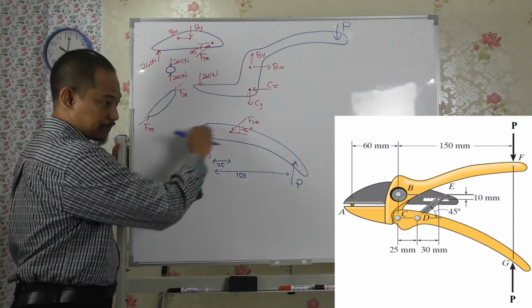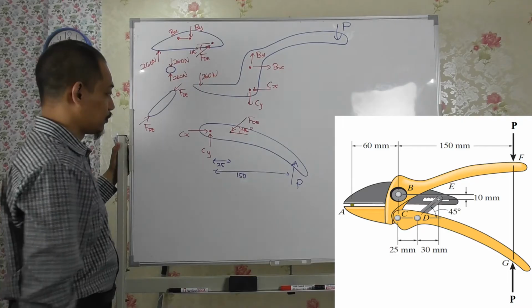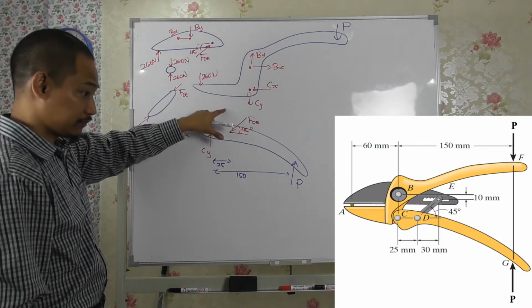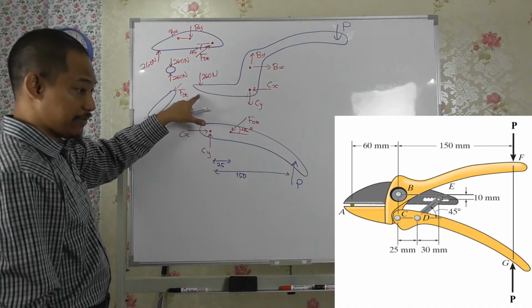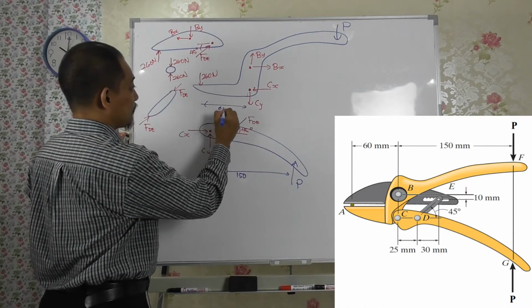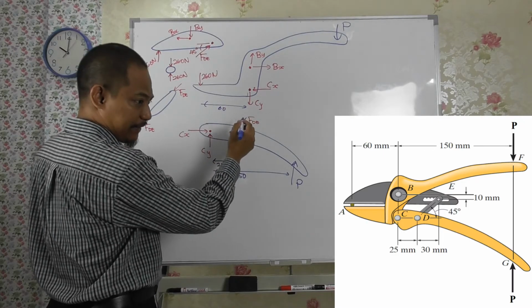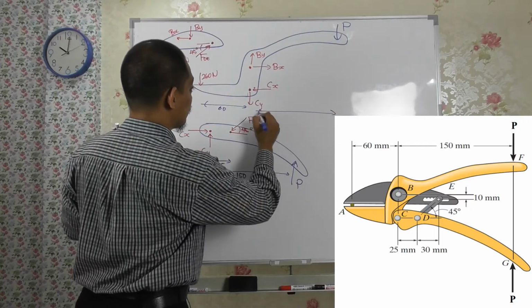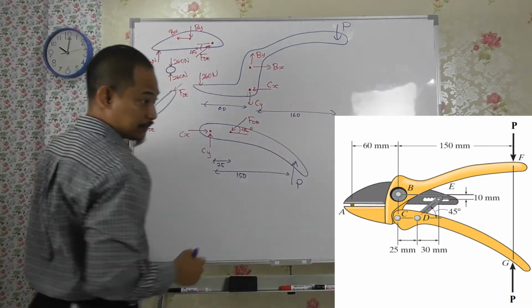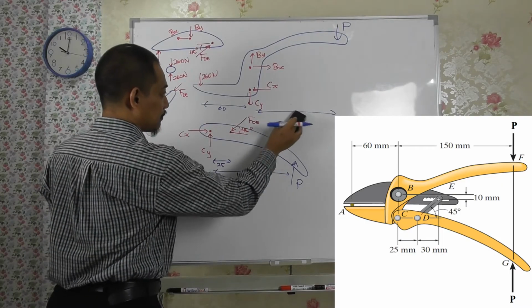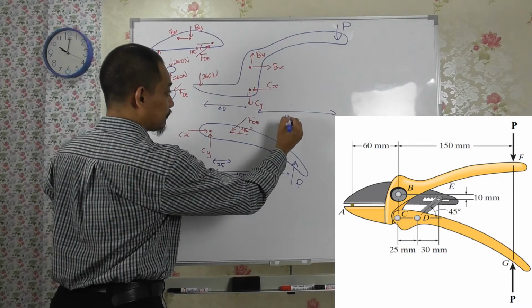And this is the same level. All right, so that's settled. This one, between A and C, this is 60, and between C and the rest is 150, right? This one 160, 150, sorry, 150.